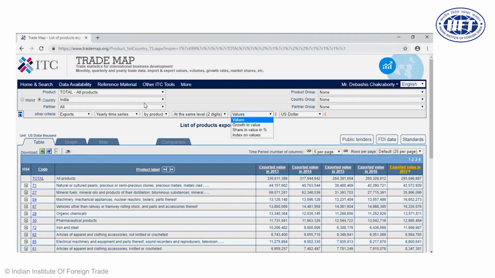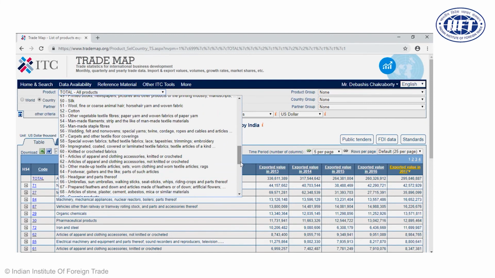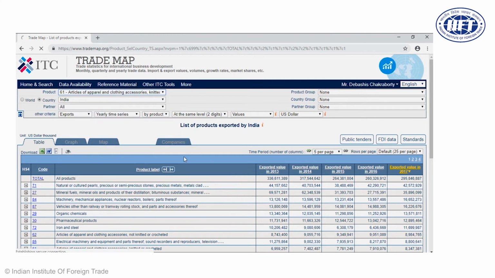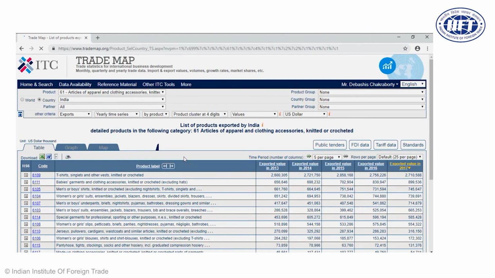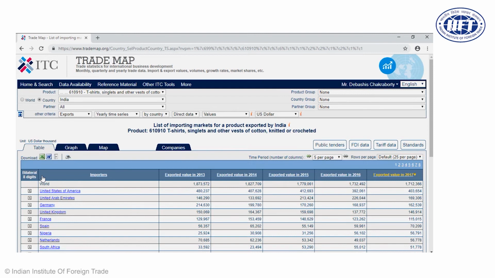Suppose we take one particular garment product as an example. We click on HS 61 where apparel and garments are there. 6109 is one of the major traded products. We can click on 6109 and we see 610910 is one of the important exports from India. So we click on this particular product. The rule of thumb, please remember, if we click on the plus, it gives you up to the next HS classification level.